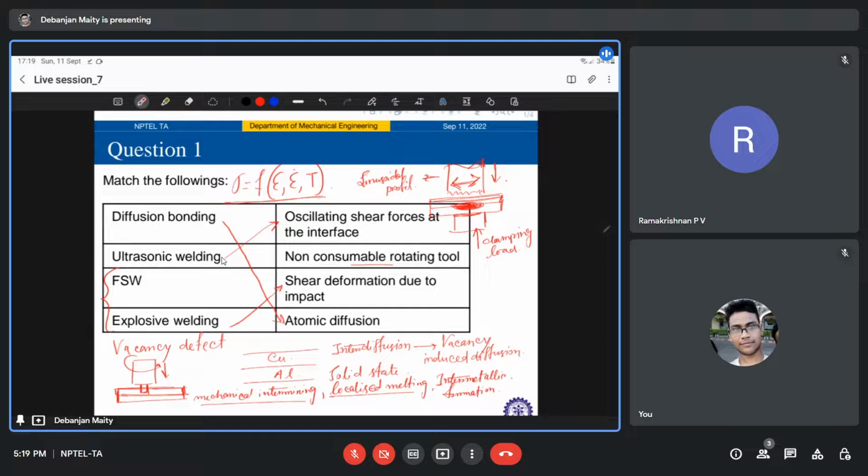Whenever the material is at a high temperature state, strain rate plays a crucial role, right?